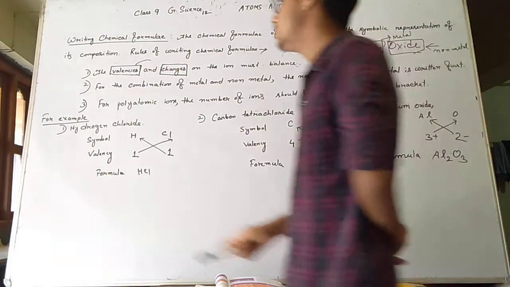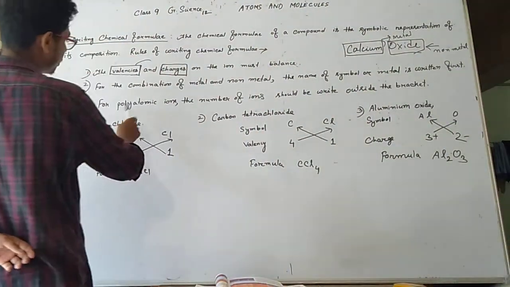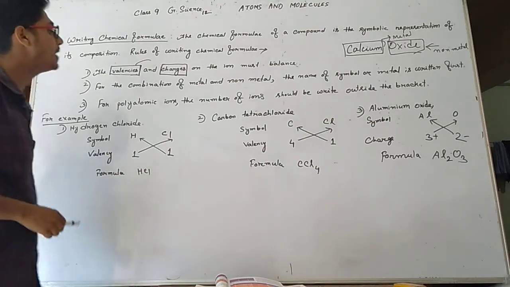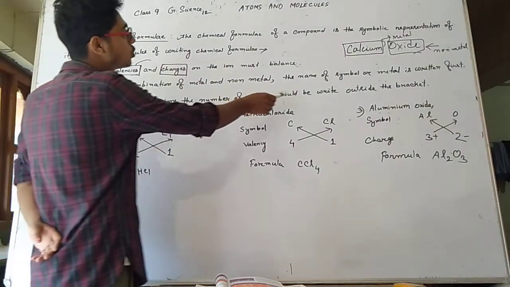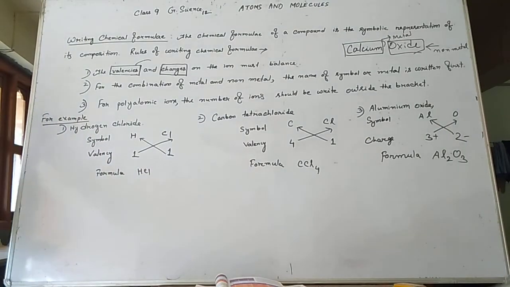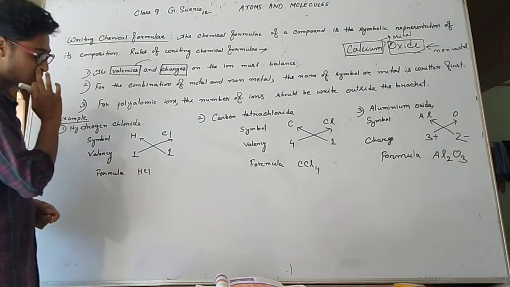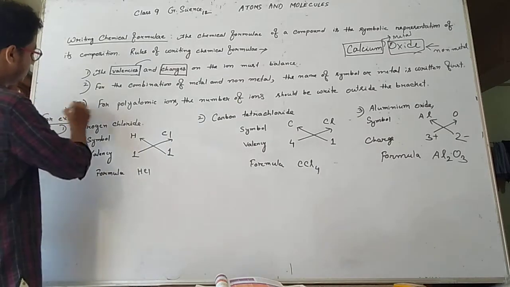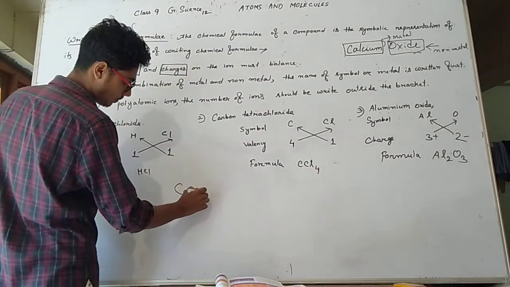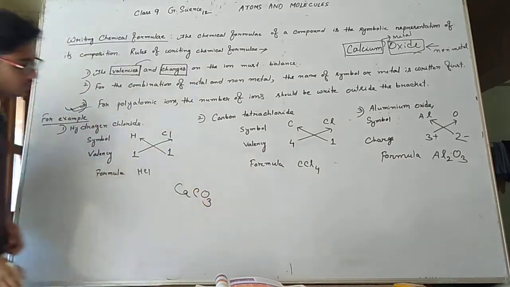And the third one is for polyatomic ions. We have discussed polyatomic ions: those consisting of more than 3 atoms are called polyatomic ions. The number of ions should be written right outside the bracket. We are going to take an example again for this rule number 3: calcium carbonate.